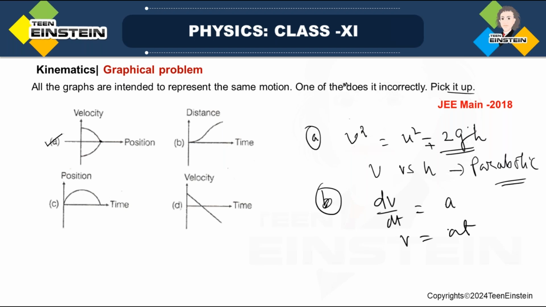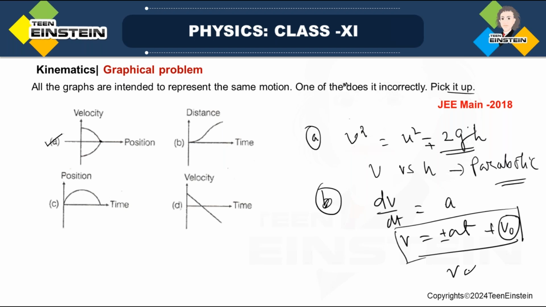If initial velocity is there, then there should be some intercept. This is a linear relationship, and whether the acceleration and initial velocity are positive or negative decides the sign of the velocity.